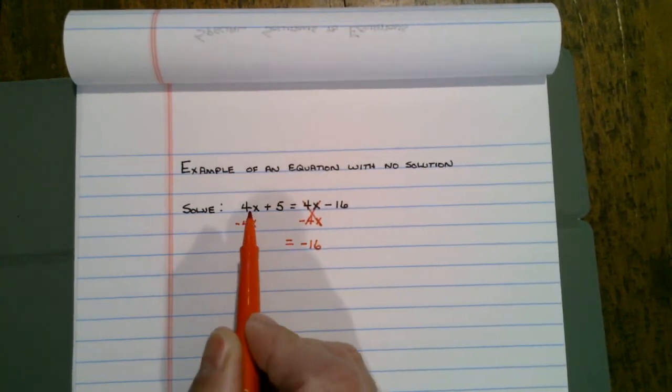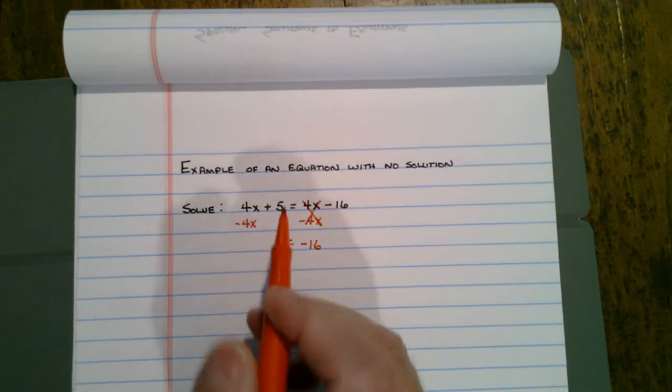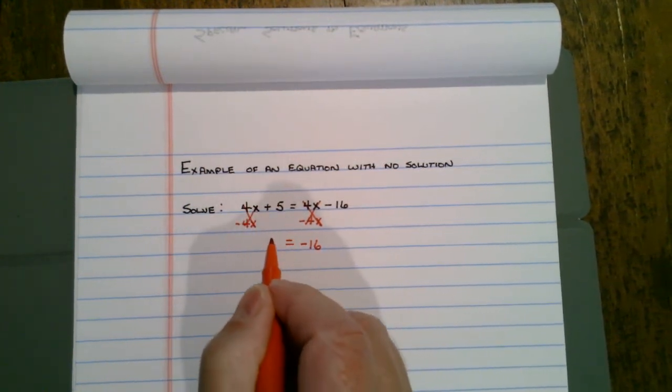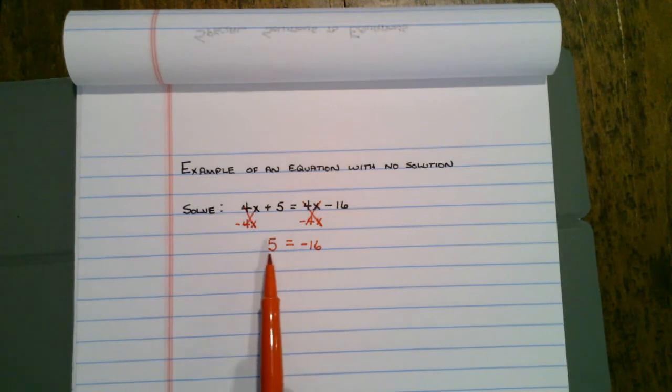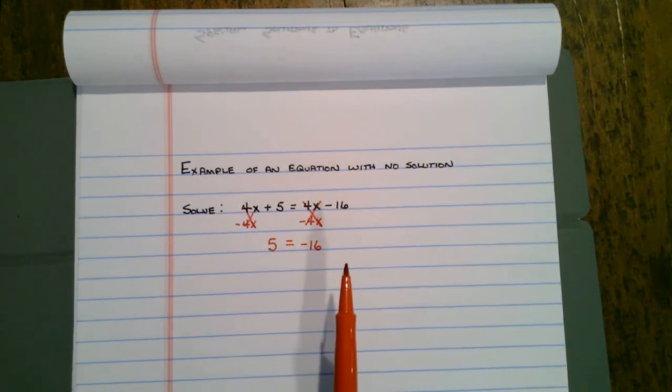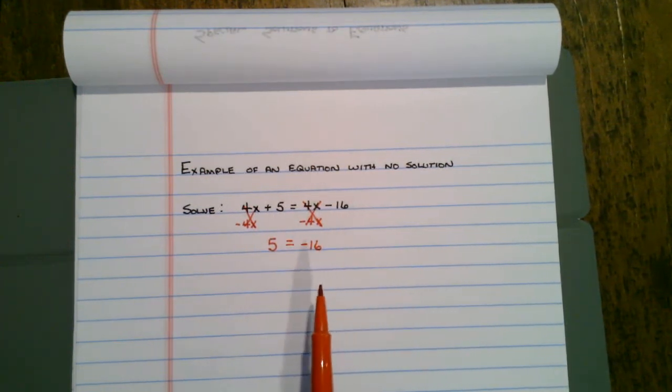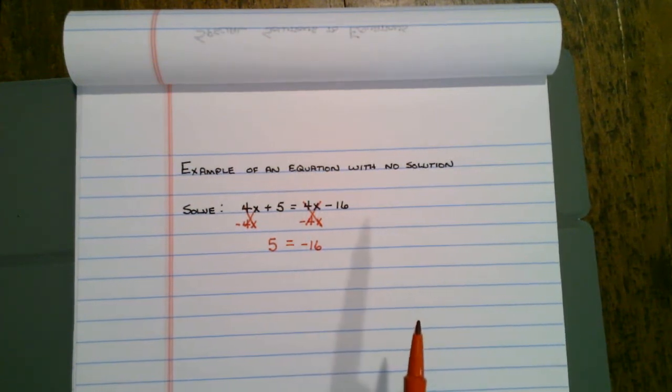But the x's are also eliminated from this side right here, and you're left with an equation that does not have variables anymore. It has this simple statement right here. You read this statement to see if it's true or if it's false. If it's true, then you write down the words infinite solutions because anything can be a solution.